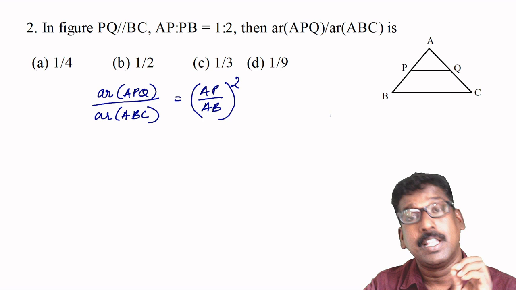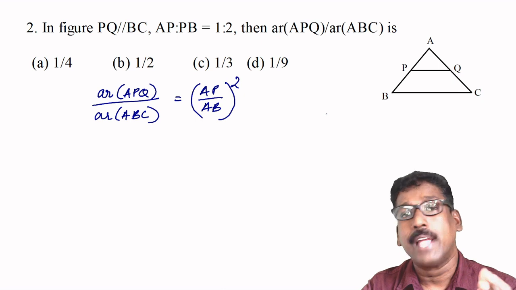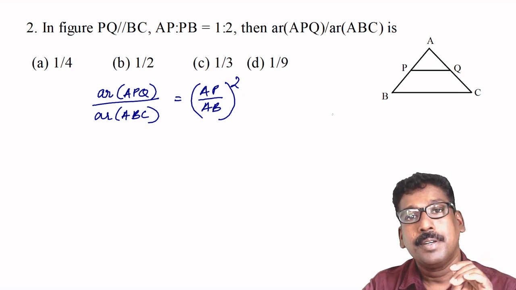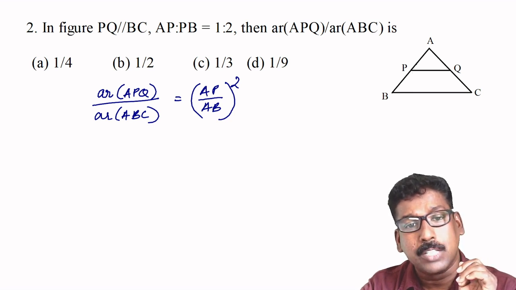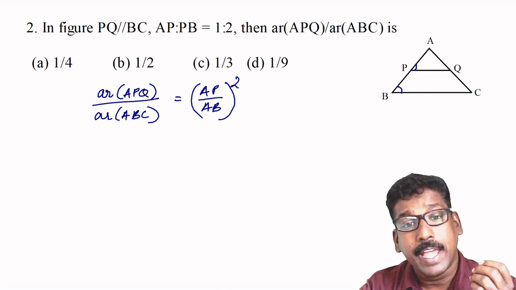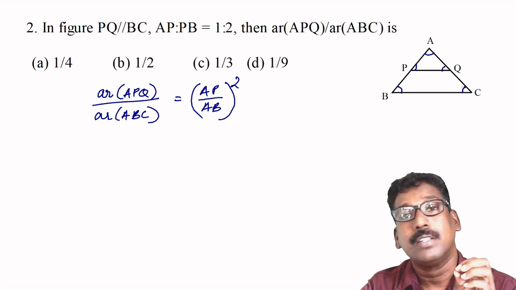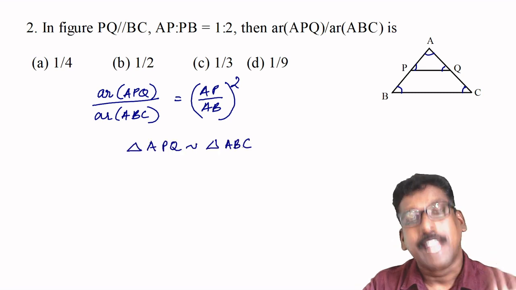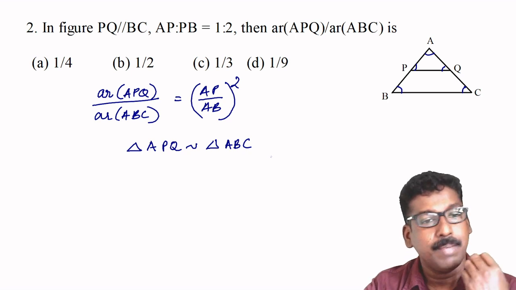But here the triangles must be similar. In this question, triangles APQ and ABC are not given similar, but instead PQ parallel to BC is given. So if PQ is parallel to BC, angle APQ and angle ABC are equal, corresponding angles are equal, and angle A is common. Similarly, angle AQP and angle ACB are equal, corresponding angles. Therefore, triangle APQ is similar to triangle ABC by AAA similarity.